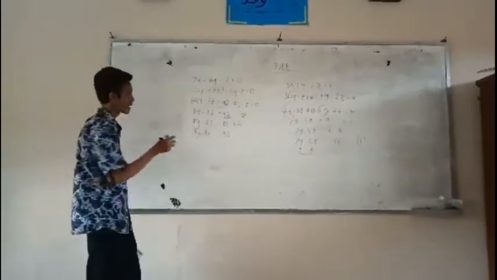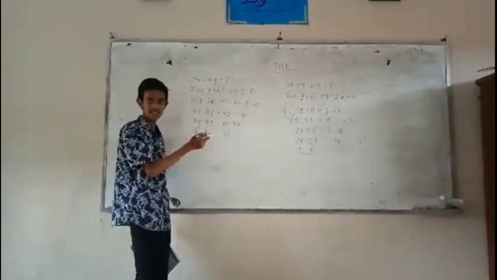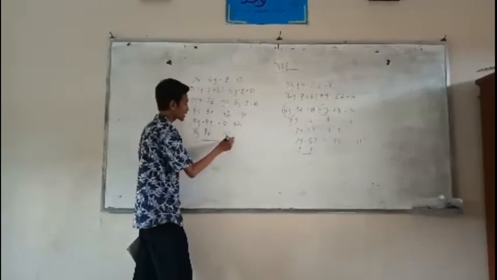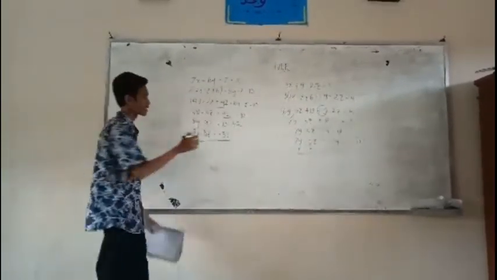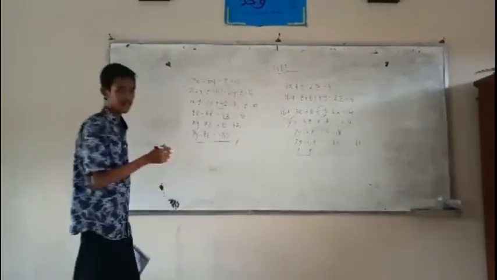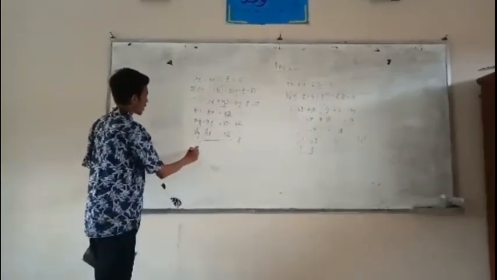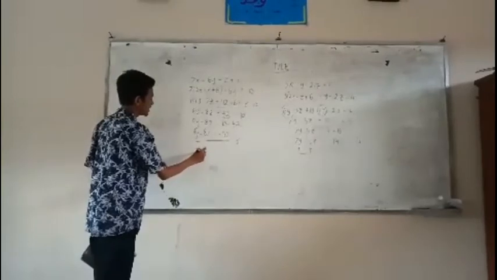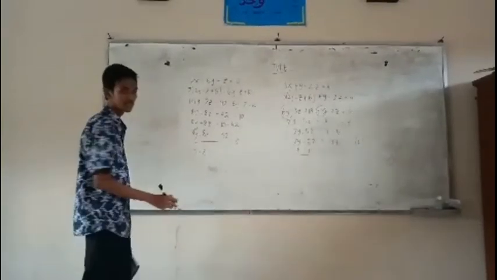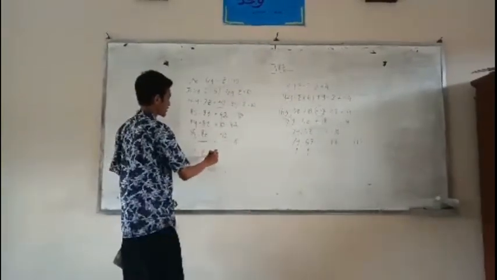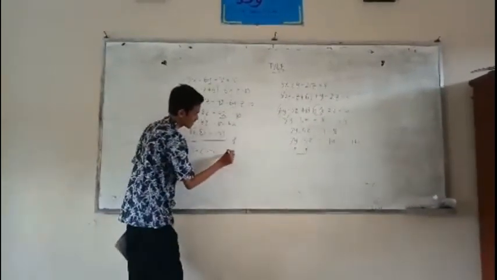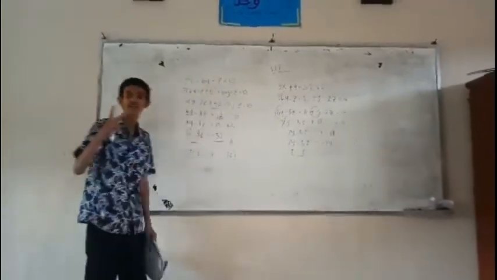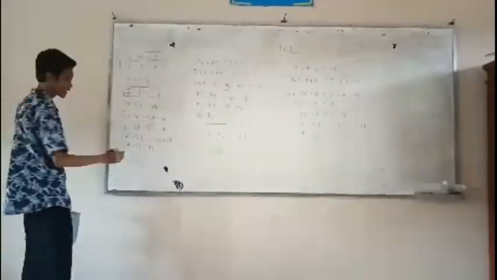Divide both sides by 8. So we get y minus z equals negative 4. Now, this is the second equation of the two variable linear equation.